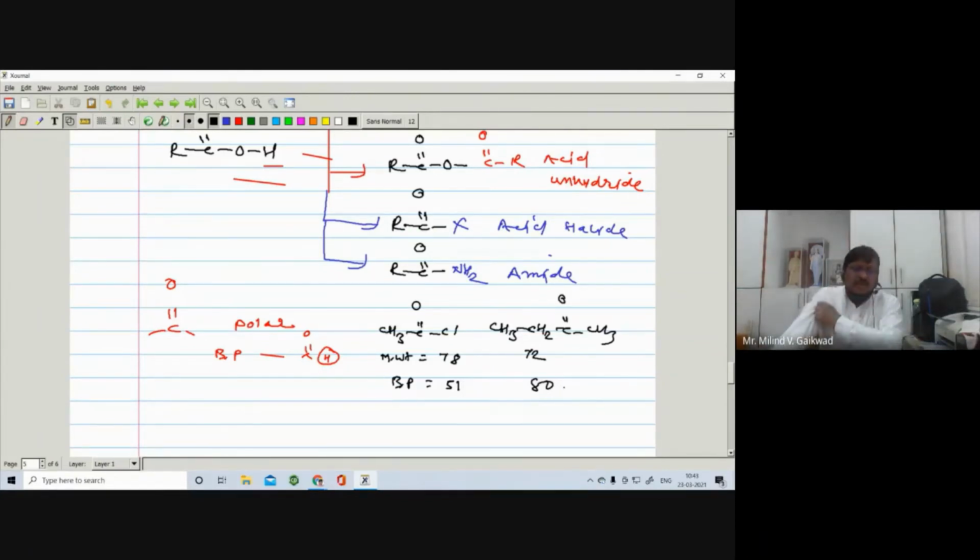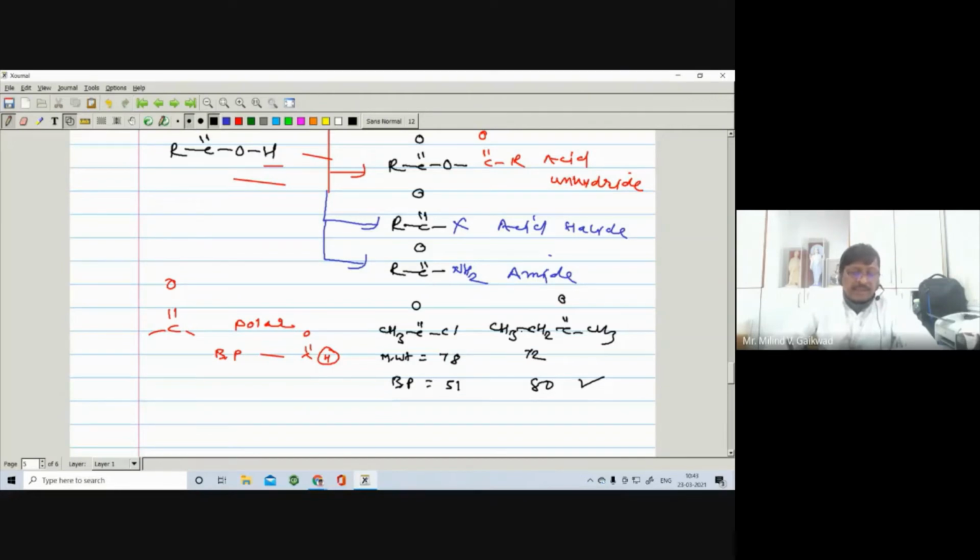If you see the experimental data they have given, 51 and 80, the ketones have a higher boiling point as compared to acid halide. Why? Because they can form a more polar nature, that's why they have the higher boiling point.